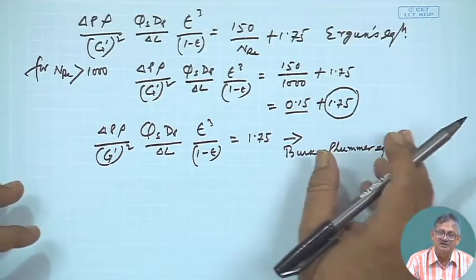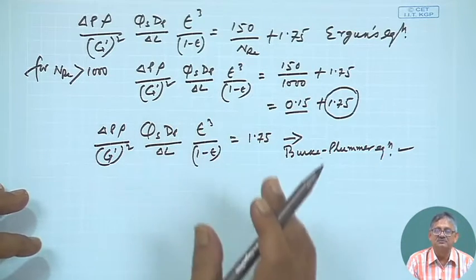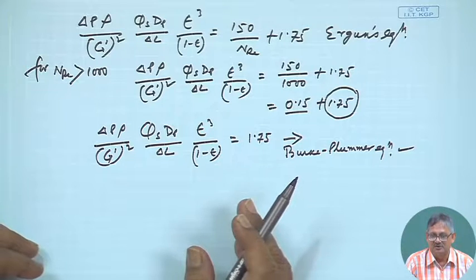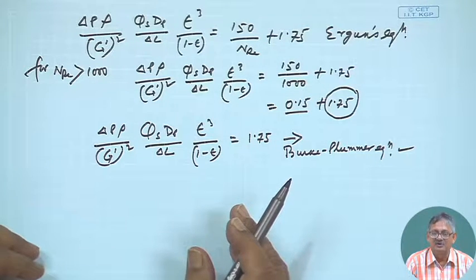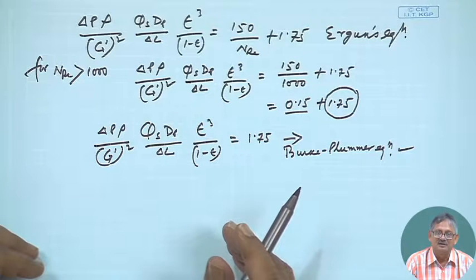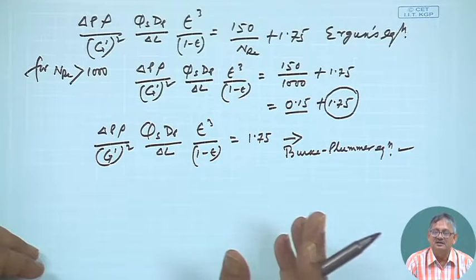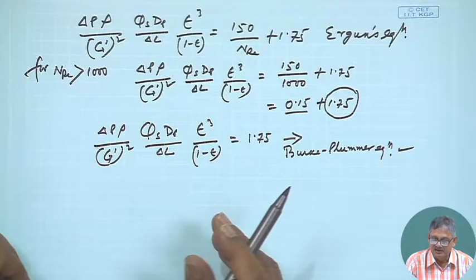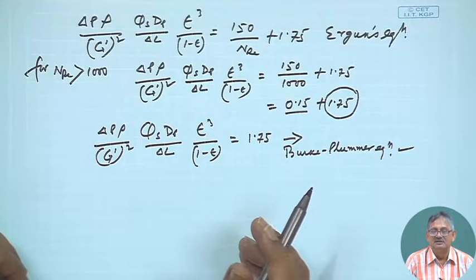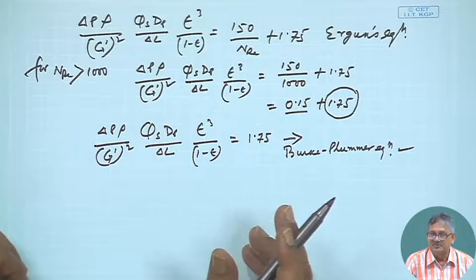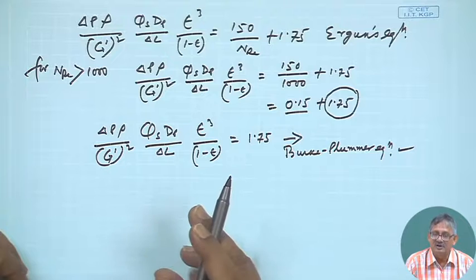Neglecting one, we get the NRE less than 10 case, or laminar flow, and we can neglect the higher term 1.75 compared to that, since 1.75 was low for laminar flow.